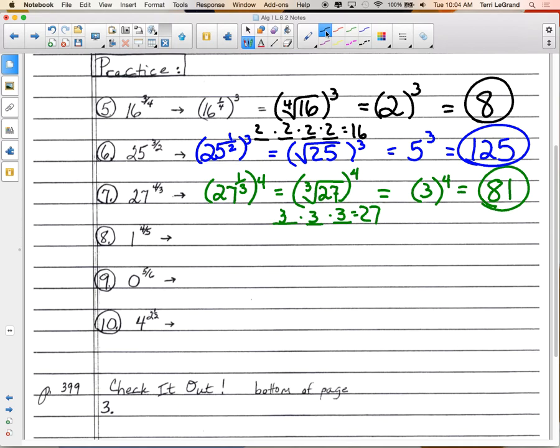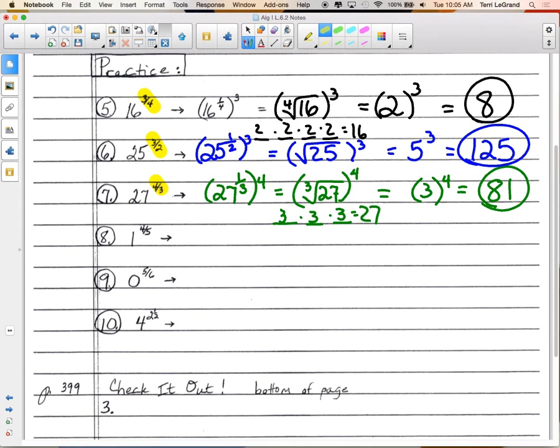Okay, now, let's do some critical thinking. Notice the fraction exponent in those 3 problems that we've worked so far back here. And then I want you to compare the base to what we got when we raised it to that fraction power. Pay attention to, first of all, make some comparisons there.